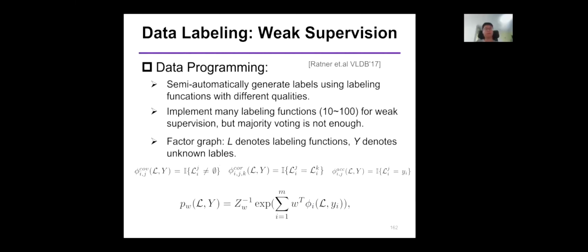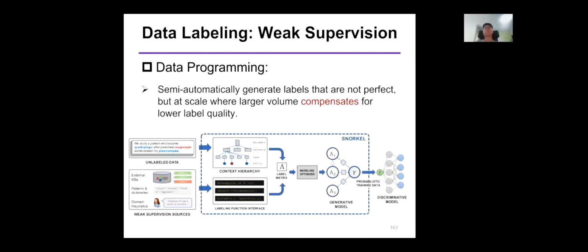Specifically, Snorkel first provides a user-friendly interface and asks the experts to provide high-quality rules, the labeling functions. Applying these functions to data gives a labeling matrix L, and then it uses these rules to build a factor graph. L denotes the labeling functions and N denotes the new labels, and they use a graph model to deduce the final labels.